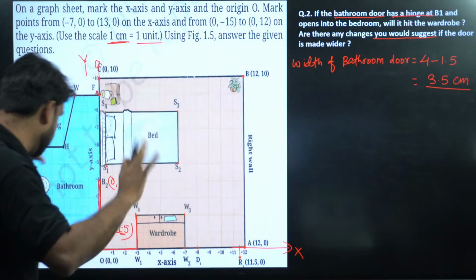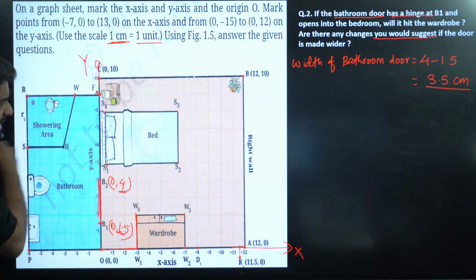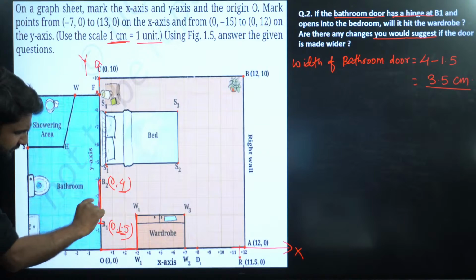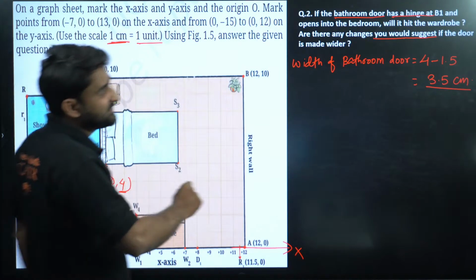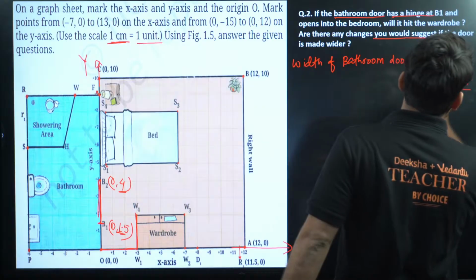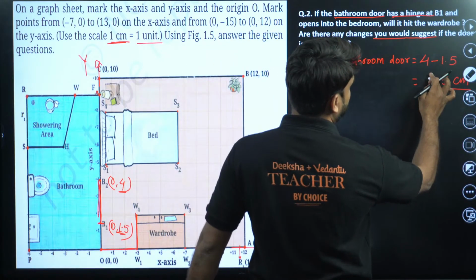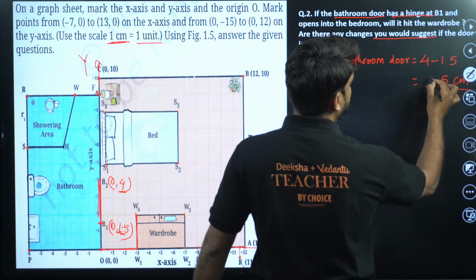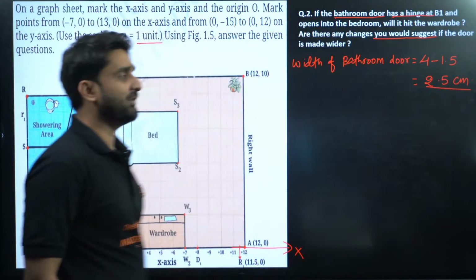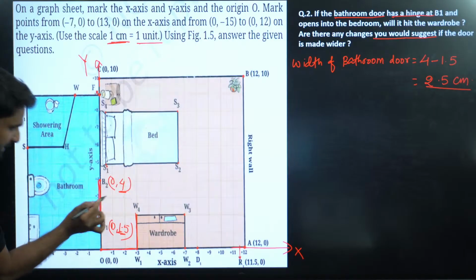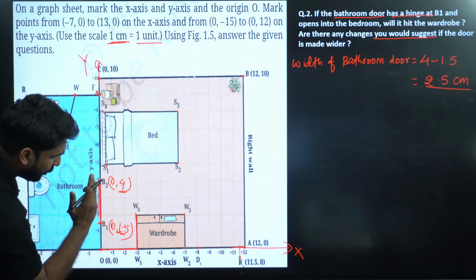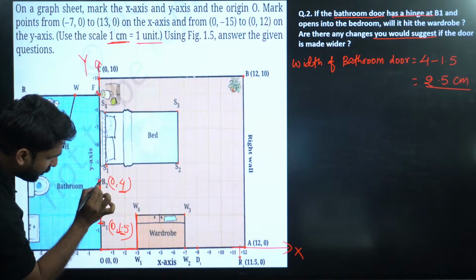Now, please listen. Just imagine if you will be opening here. This is 2.5, okay? We are subtracting 1.5 from 4, so that will be 2.5. Now, if we open the door, it will come this way.